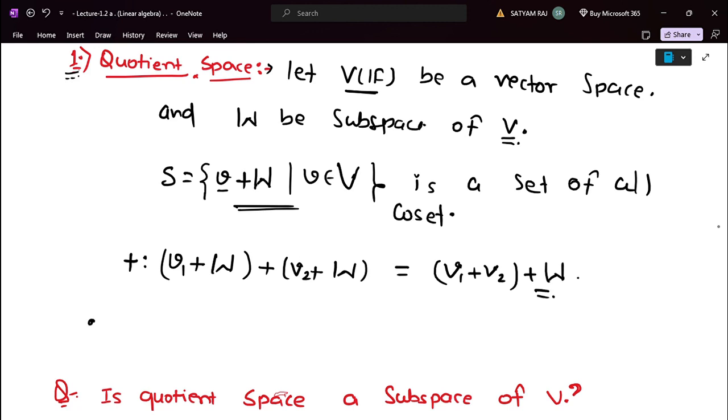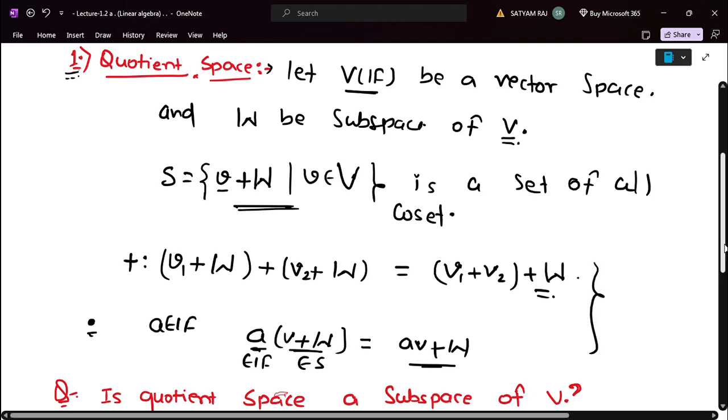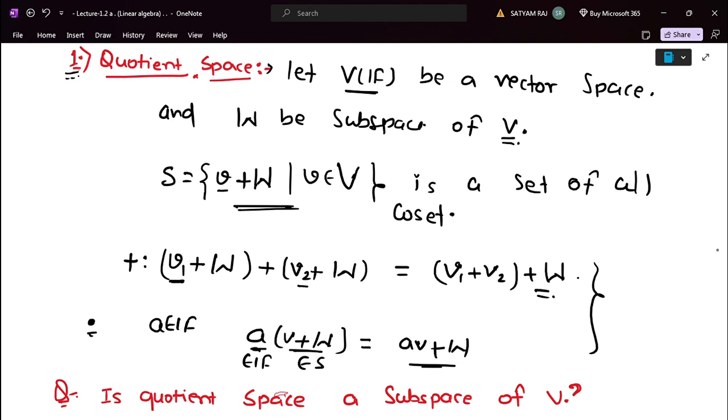And what is the dot operation? In the quotient space, which we will prove here, take any scalar a from the field F and any element v plus W from S. Then a times v plus W is a v plus W. This belongs to S. We add the vectors v1 plus v2 and add W, where W is a subspace.